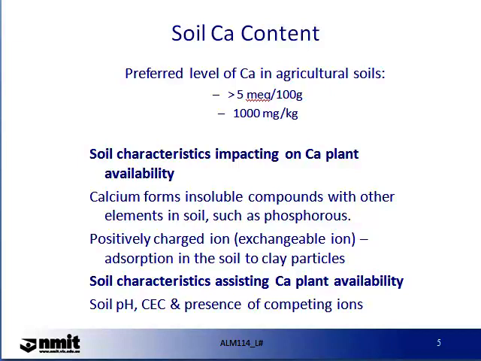Calcium forms insoluble compounds with other elements in the soil, such as phosphorus. Calcium that is in the form of an insoluble compound is not available to plants. Since calcium is a positively charged ion, it is adsorbed in the soil to the surface of the clay and organic particles which are negatively charged.